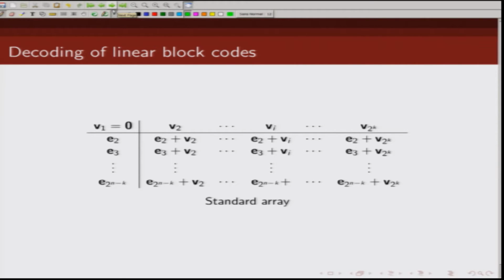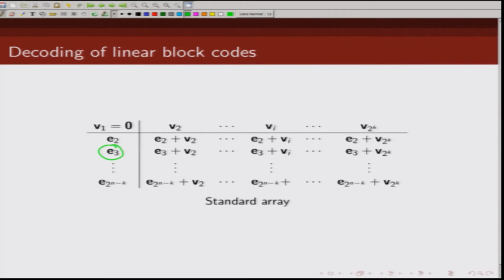How do I find the jth row? I will pick an error vector Ej, let us say this E3, which has not appeared before. So E3 should not be any of these elements which have already been chosen. E3 should not have appeared in the previous rows of this array.